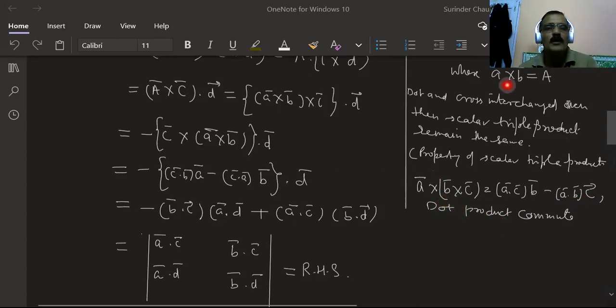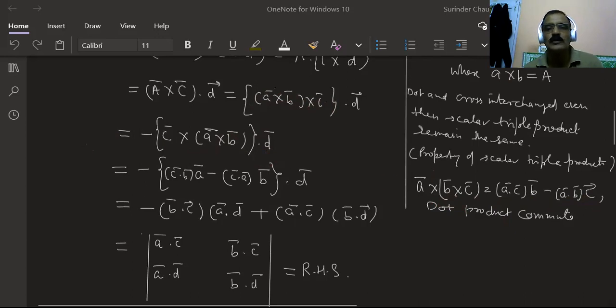So we have converted this cross product. This is a single vector, capital A vector cross capital B vector, and a cross product does not commute. Therefore, this will be equal to minus of c vector cross a cross b, dot d vector.